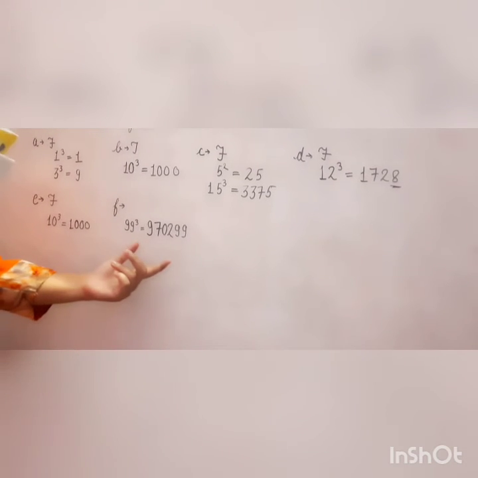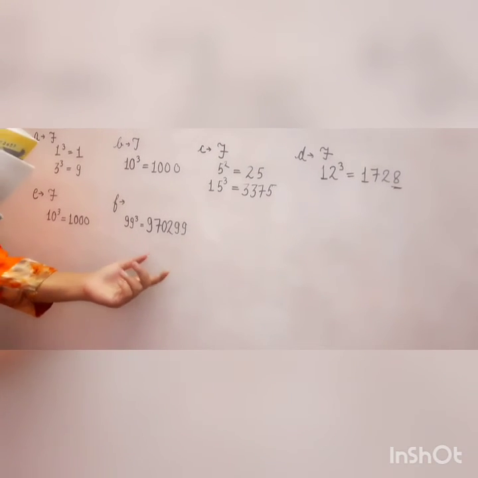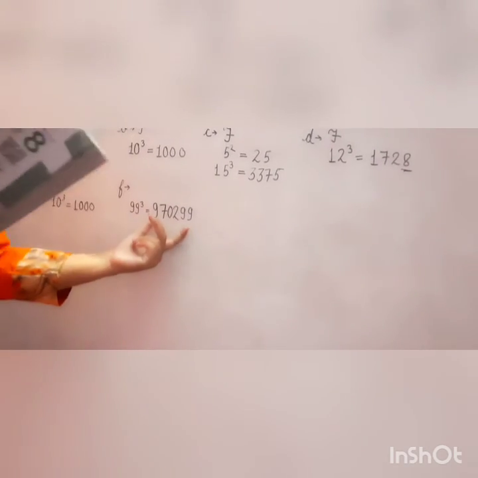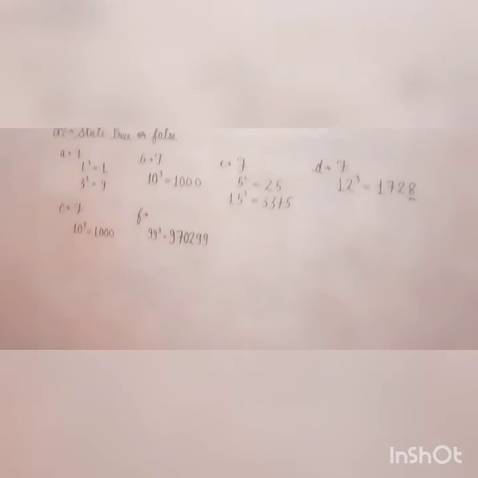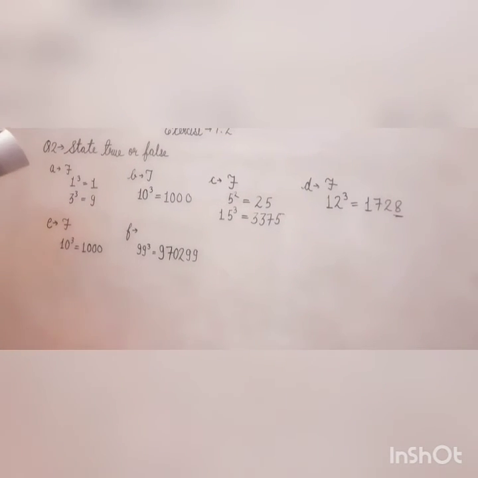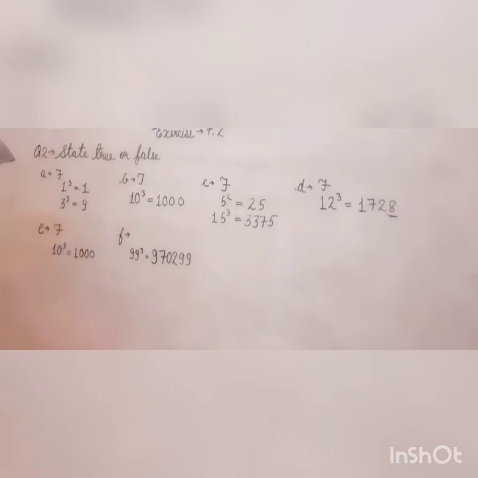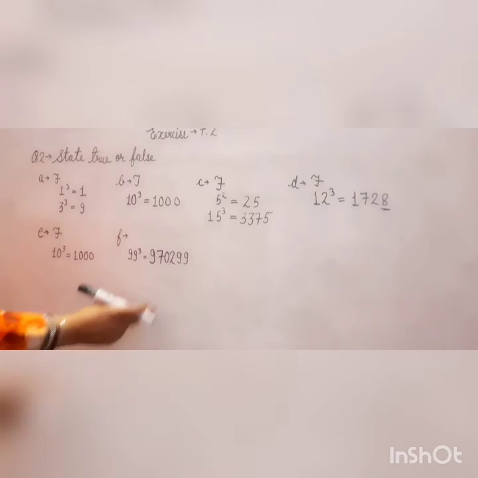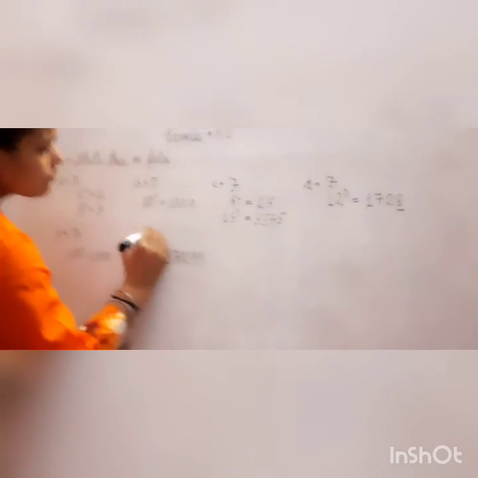You can see that the cube of a 2-digit number has only 6 digits, not more than 6 digits. In the question it is given that the cube of a 2-digit number may have 6 or more digits, but you can see that there are only 6 digits. That's why it is false.